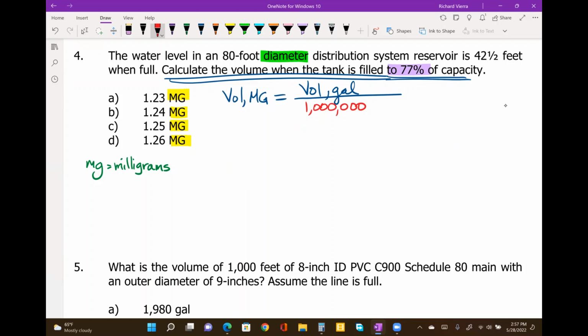Okay, so let's go ahead and set up our volume calculation as if the tank was full, because to figure out the volume at 77%, we're going to use that percentage number along with the total volume.